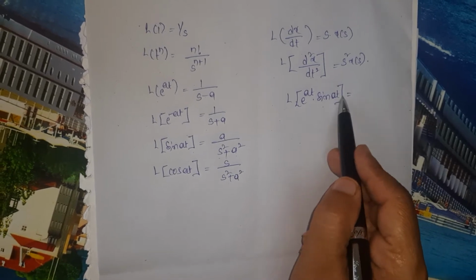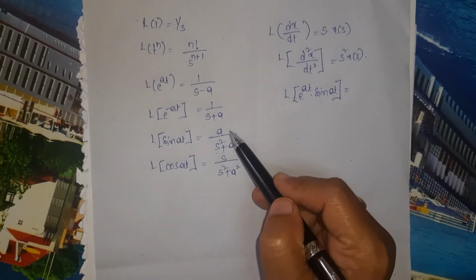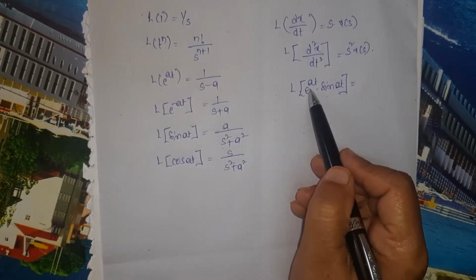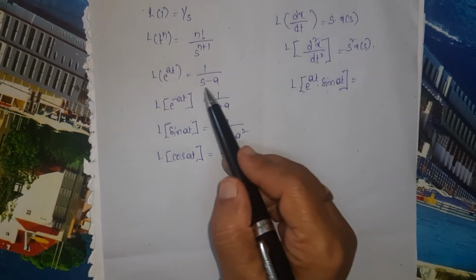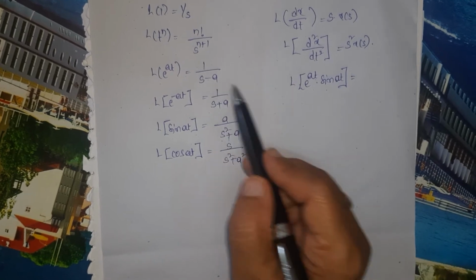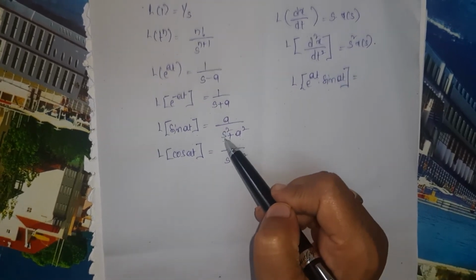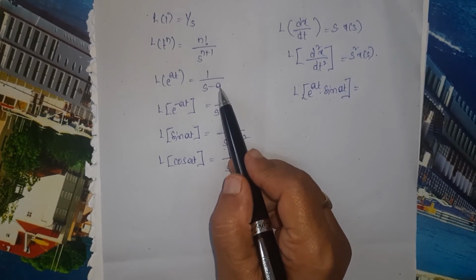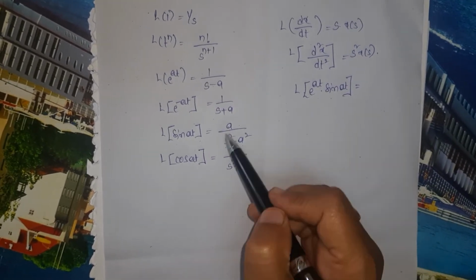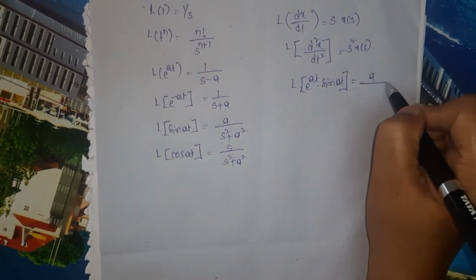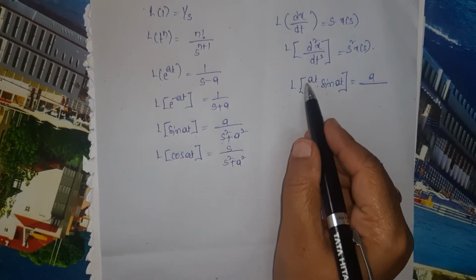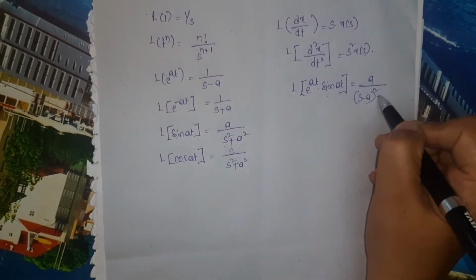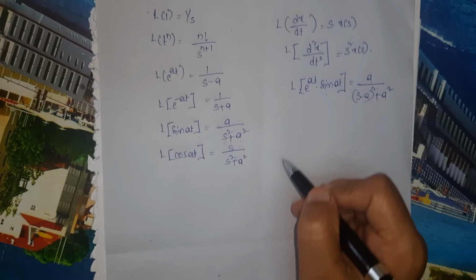First, the Laplace transform of sin at is a by s square plus a square. And if we have e power at, we have s minus a. So wherever we have s in the sin at formula, just replace it with s minus a. That is a by, instead of s, we write s minus a, so s minus a whole square plus a square.